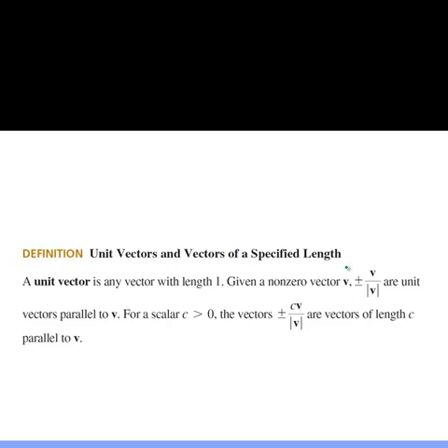And then if you want to have some vector of any particular length, like length c, in the direction of v, well, then what you'll do is you take v, divide by magnitude of v to make it a unit vector, and then multiply by c. And then you'll have a vector of length c in the direction of v. Ta-da! And then, of course, put a plus or minus in there to give it the direction that you want, either in the direction of v or in the direction opposite of v.